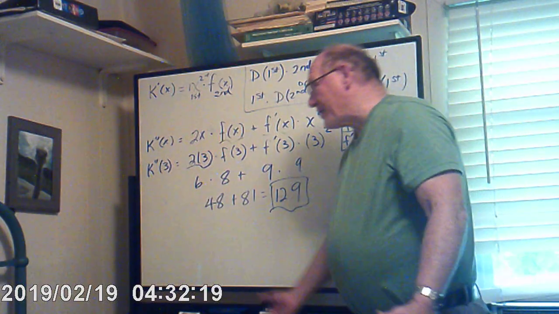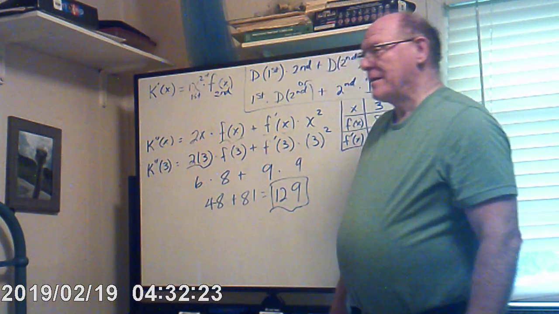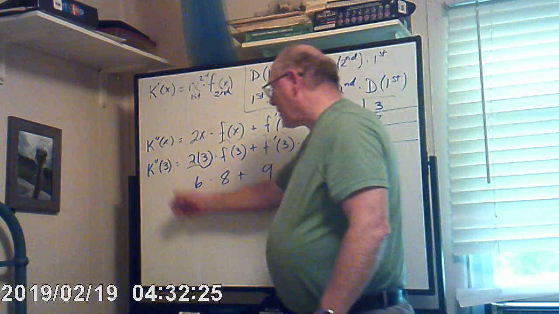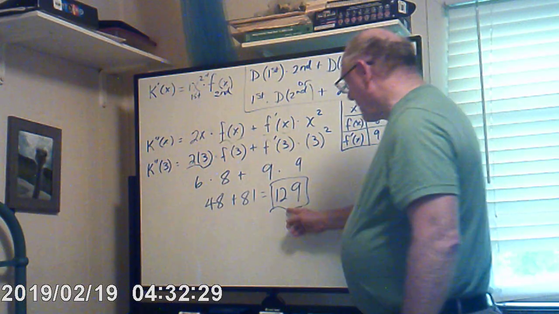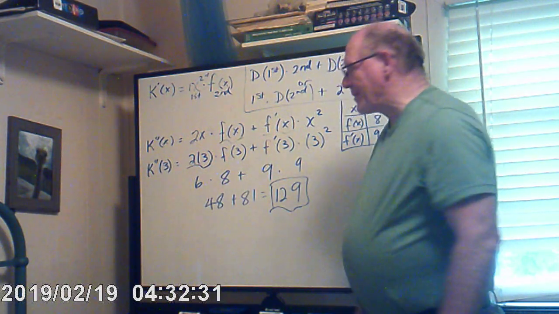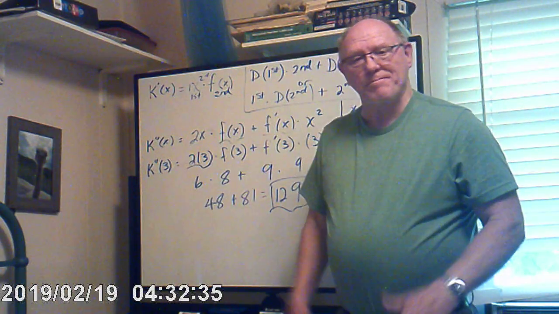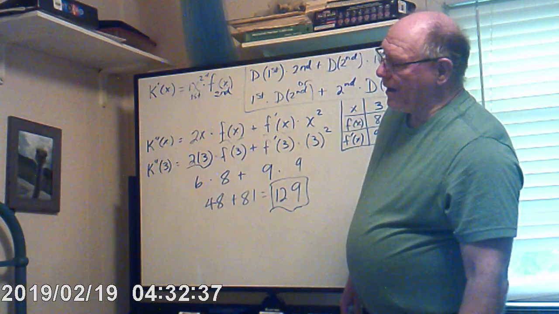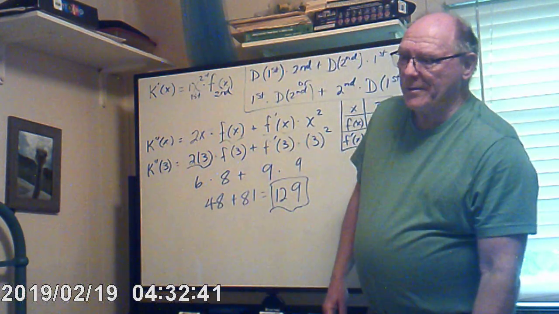If we were testing, say, concavity, since this is positive, your graph there is concave up. So graph of k, concave up.